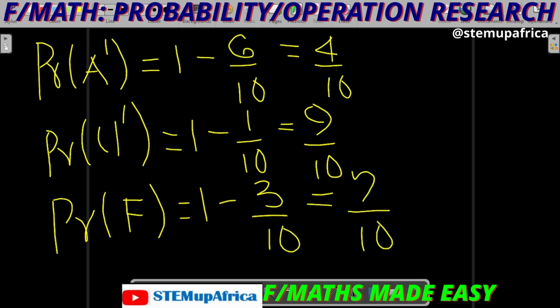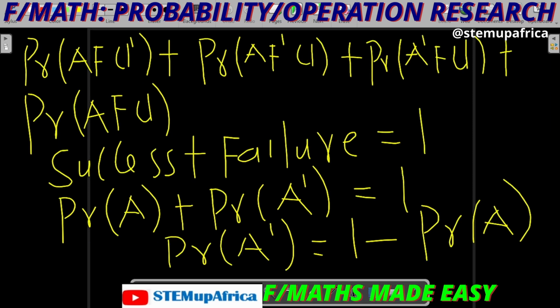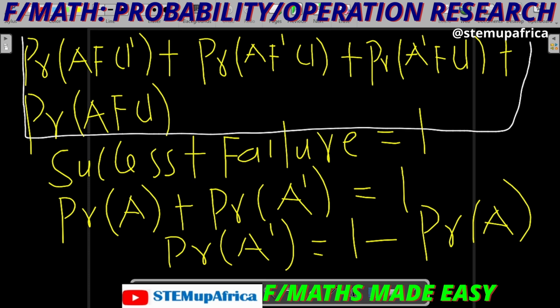So with this, I can now fix the respective values into the probability equation we wrote earlier.